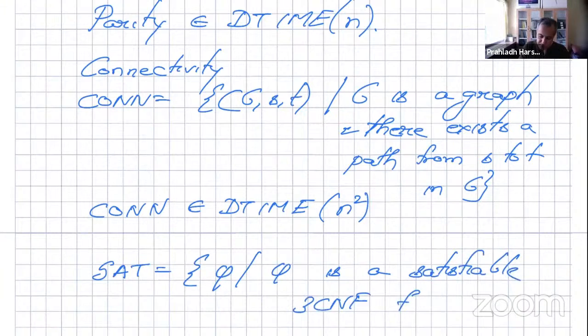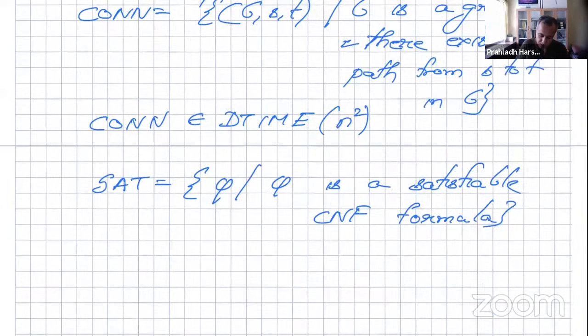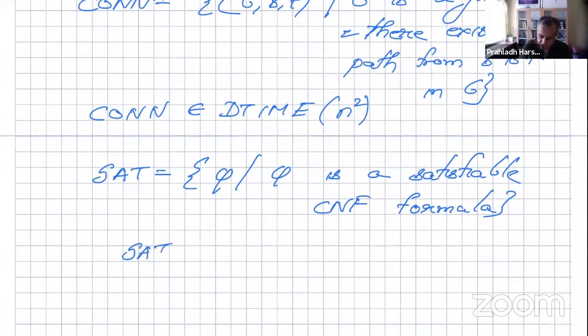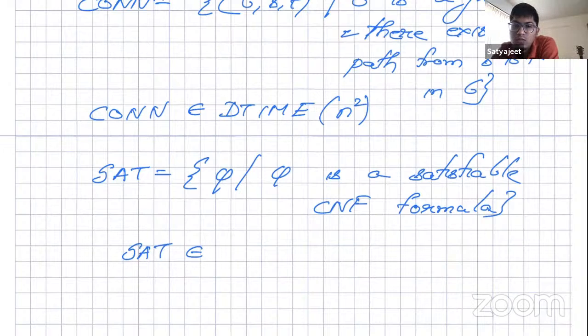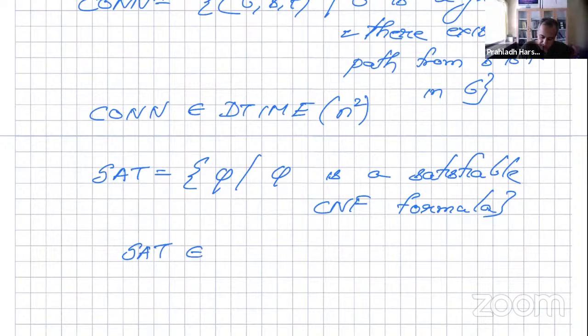What's the naive algorithm for SAT, how much time does it take? 2 to the n. You just go over all possible assignments, so that takes DTIME(2^n).